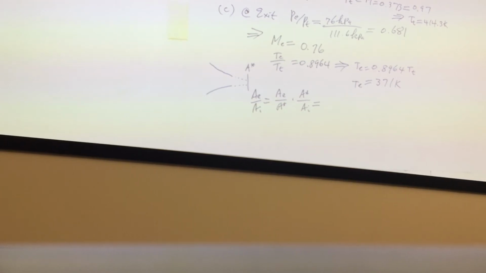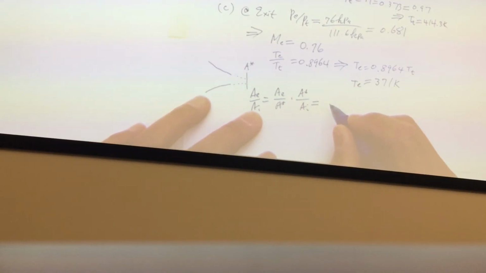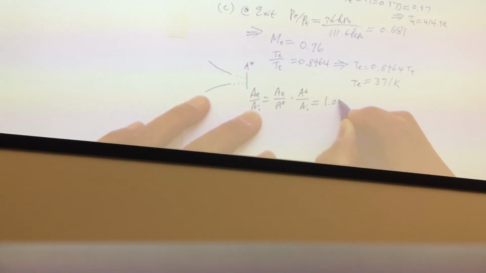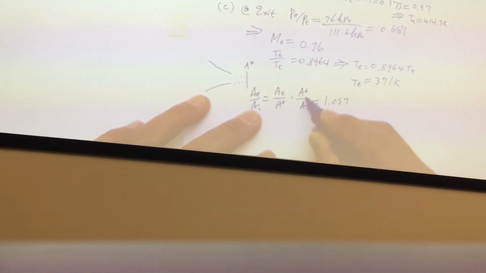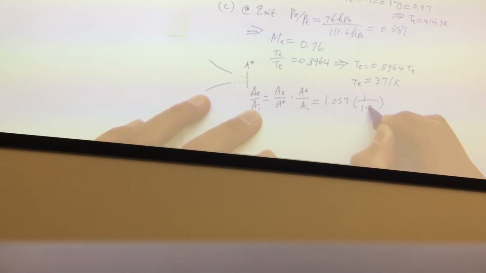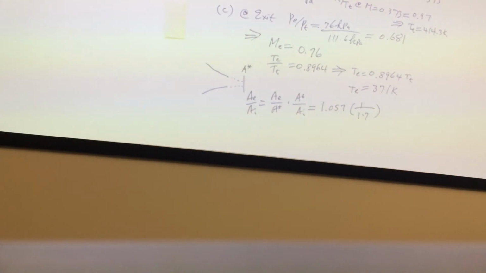What you will find out is that AE over A star is equal to 1.057, and this, you can say, is 1 over 1.7. Because what you find out is the AI over A star is 1.7. So now you just flip it.